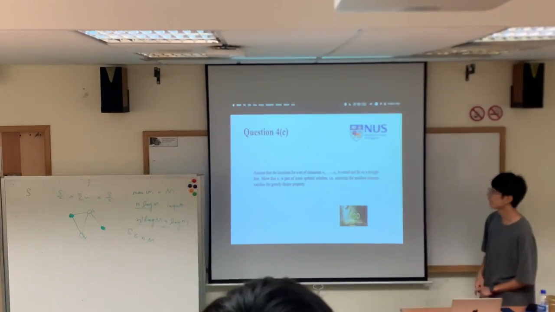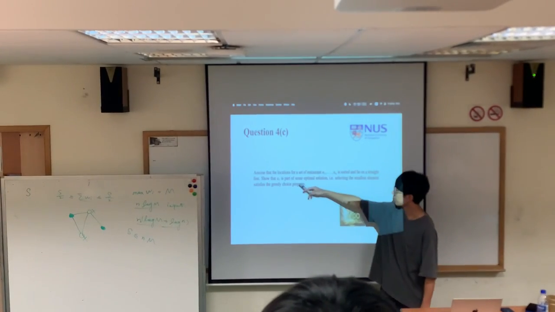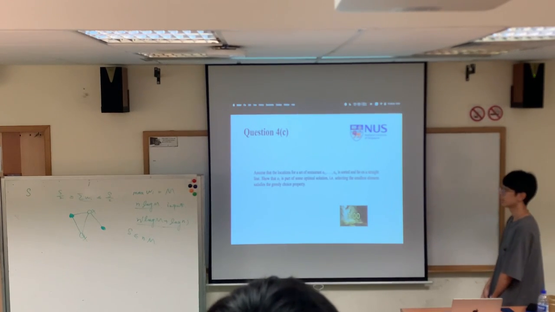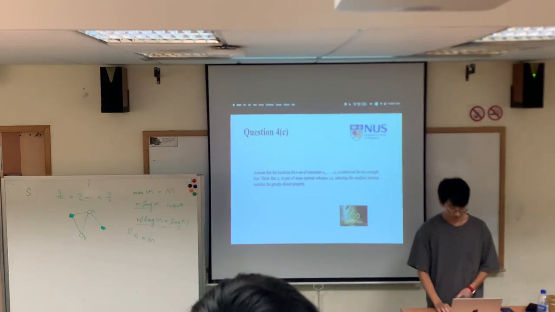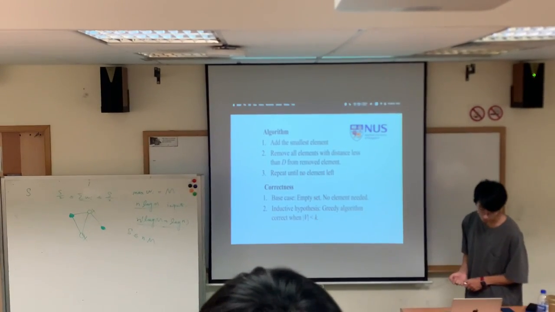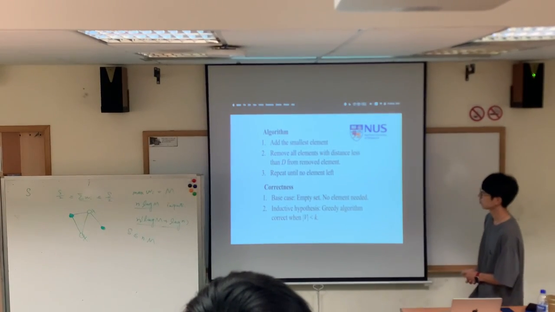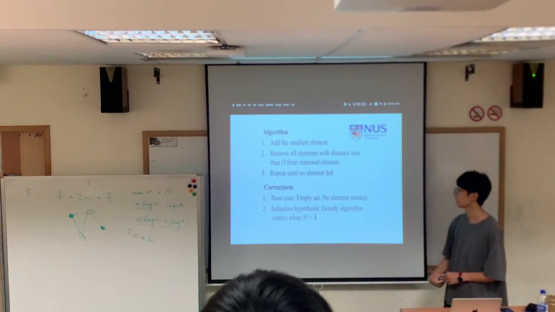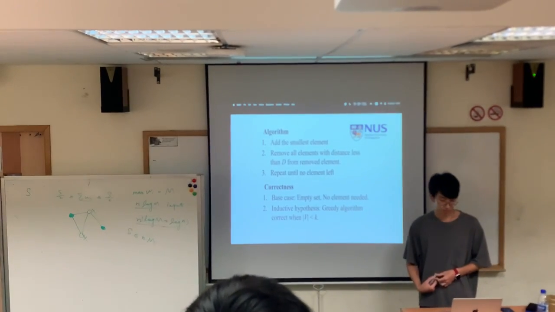And then to avoid any conflicts, we just remove every vertex that is near this A1 from the list, and then we recurse to select another smallest one. This is given as this. Right, so in each step, we just add in the smallest element, and then we remove all the elements that have conflict with it, and we return.